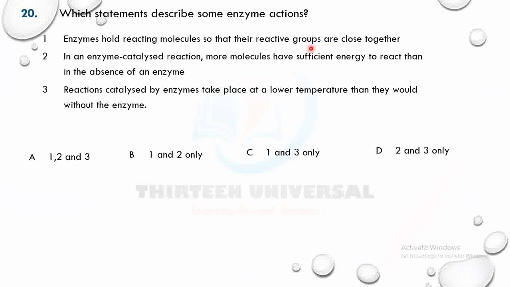Statement 2 says that in an enzyme-catalyzed reaction, more molecules have sufficient energy to react than in the absence of the enzyme. Yes, because enzymes lower activation energy, so the amount of energy required for the reaction is lowered. So 2 is correct. Statement 3 says reactions catalyzed by enzymes take place at a lower temperature than they would without the enzyme.